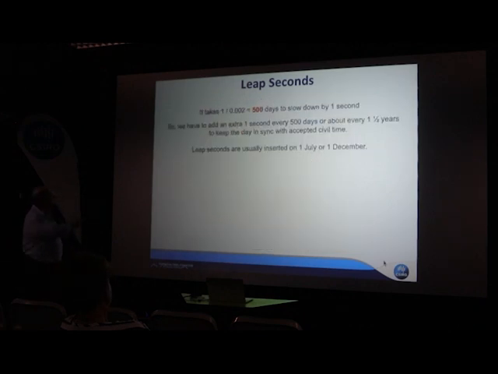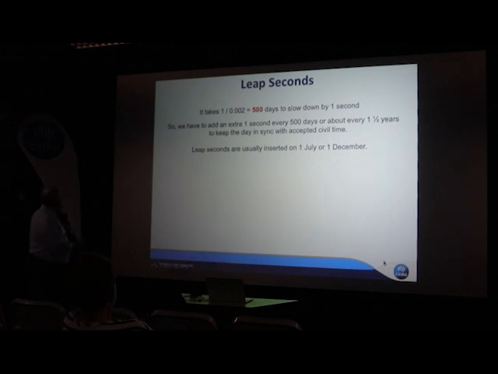Now, in other words, the inverse of that, you get 500. So in other words, it takes 500 days for the day to slow down by 1 second. Okay? Now, if we didn't correct for it, then everything starts drifting off again, just like the Julian calendar.